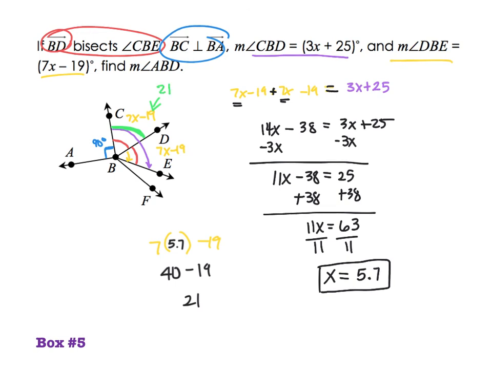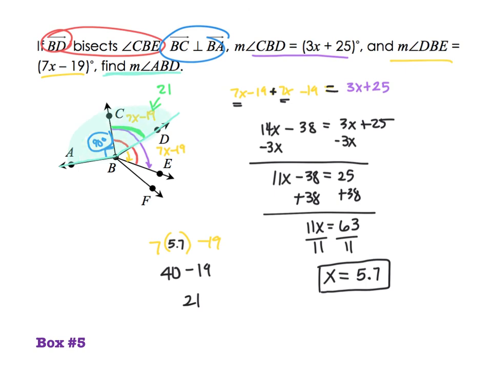Okay? Keep in mind that the one in blue, they indirectly told us it was 90 degrees. Now the question is asking us to find ABD. ABD would be this measure right here, this whole entire thing.